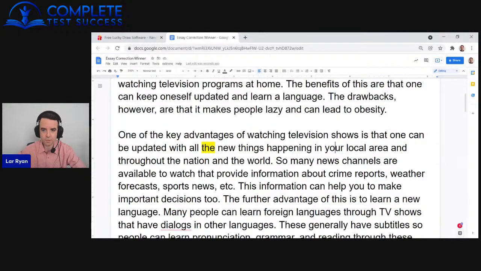You have to stay focusing on what you said you'd focus on. So one is of unidentified gender. So it might be a male, it might be female. So we're going to have to say there, in this case, in their local area and throughout the nation and the world.